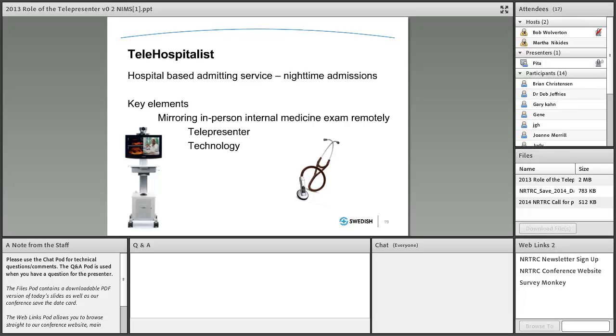So ultimately, not only was the diagnostics accurate, but the length of stay went down during that period of time.